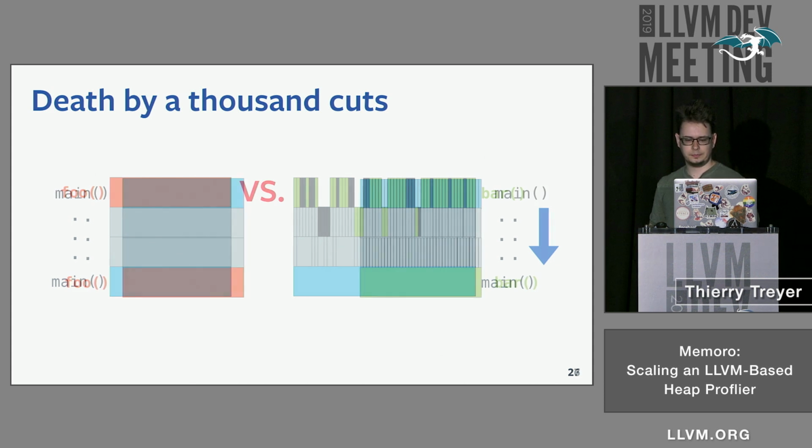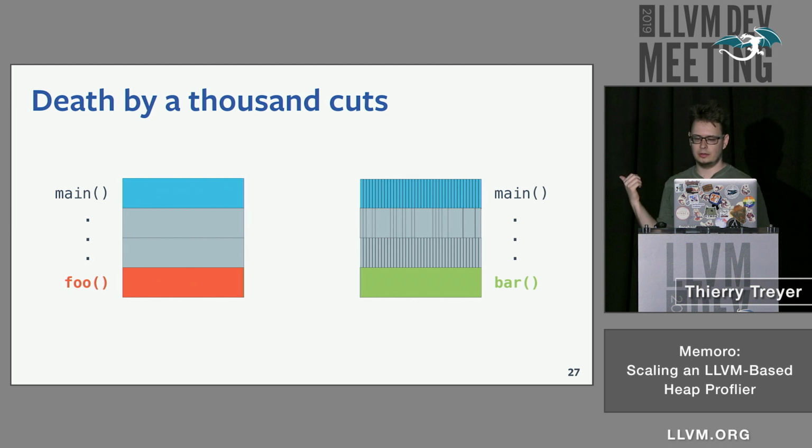And doing so, it would give you this kind of result. And it becomes really easy to see the impact of foo and the impact of bar individually. And you still have all the information of the stack and which functions are calling bar that often. So you would get all the information, but in a more easy and approachable way.